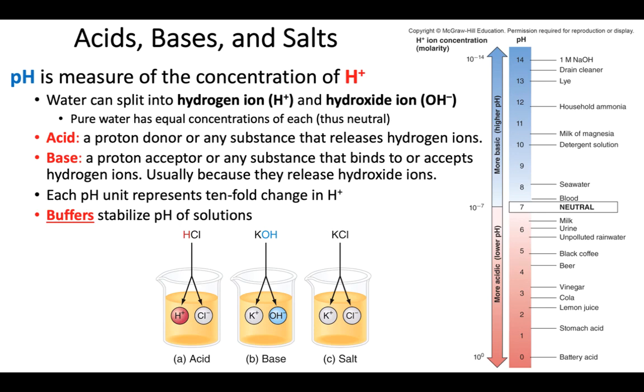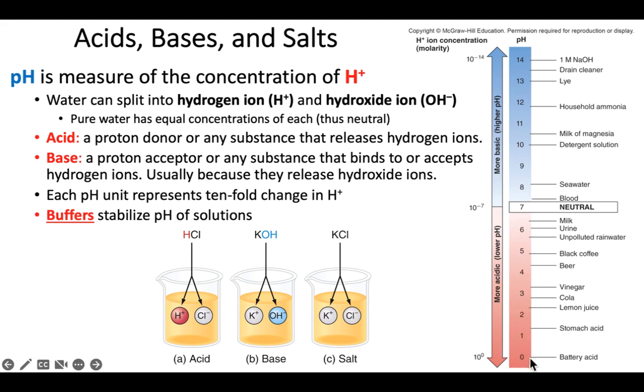But there's going to always be an equal amount of those. All right, so then if you're looking at other solutions, it's basically what's the ratio of these to these. If you got a lot of these hydrogen ions, you're going to be acidic. So you go down. The more of those you have, the lower the number.